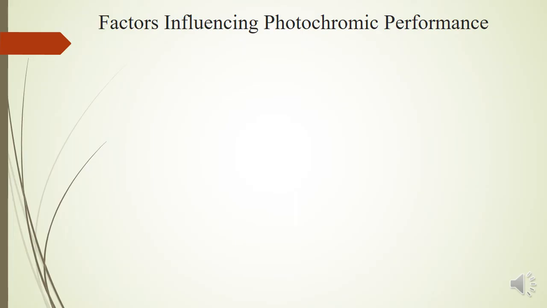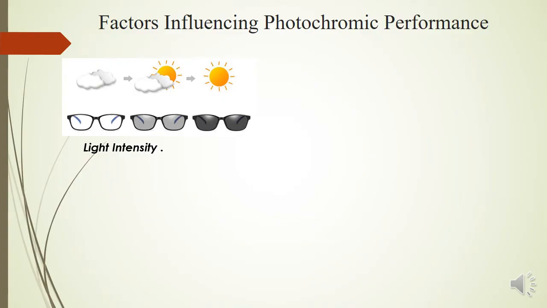So what are the factors which can influence the photochromic performance? We all know the photochromic lens will perform accordingly depending on a few factors. The first factor is the light intensity. The amount of light incident onto the lens will decide how dark the photochromic lens will become.